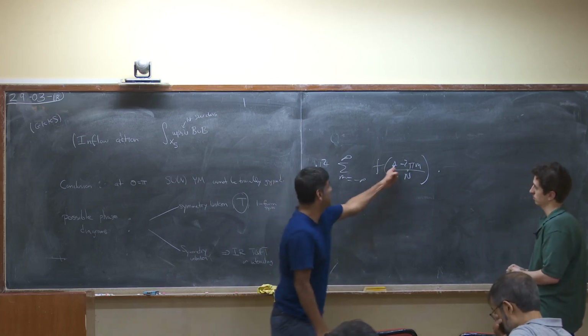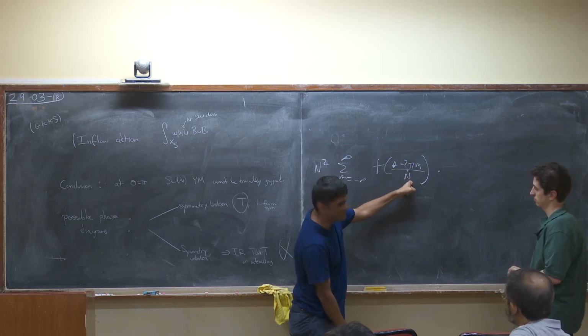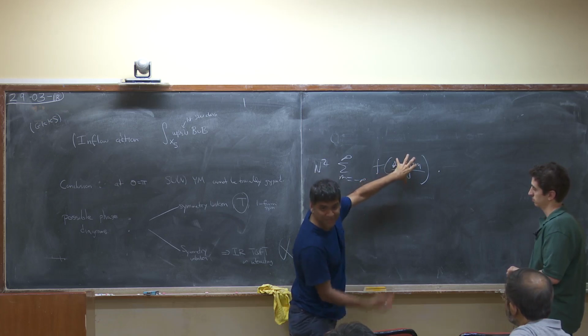So it must start quadratically at 0. But since this is divided by N, you only care about this function at very small values.